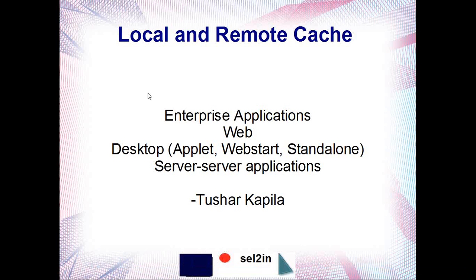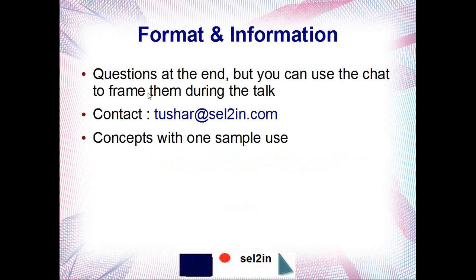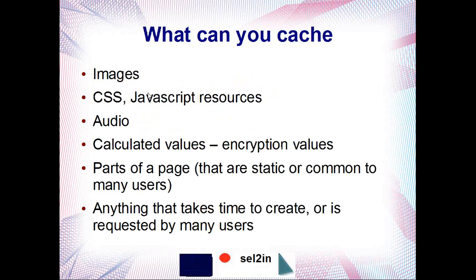So you can frame questions on the chat, and we will look at them towards the end of this talk, and we will have one sample application to show you as well. So the first question is that to partly answer that, the simplest answer is a hash map can be used as a cache.